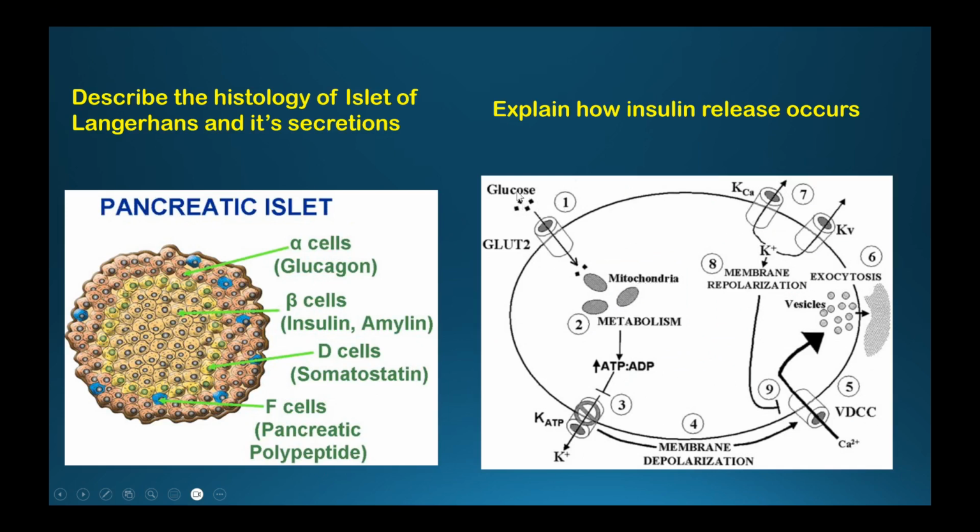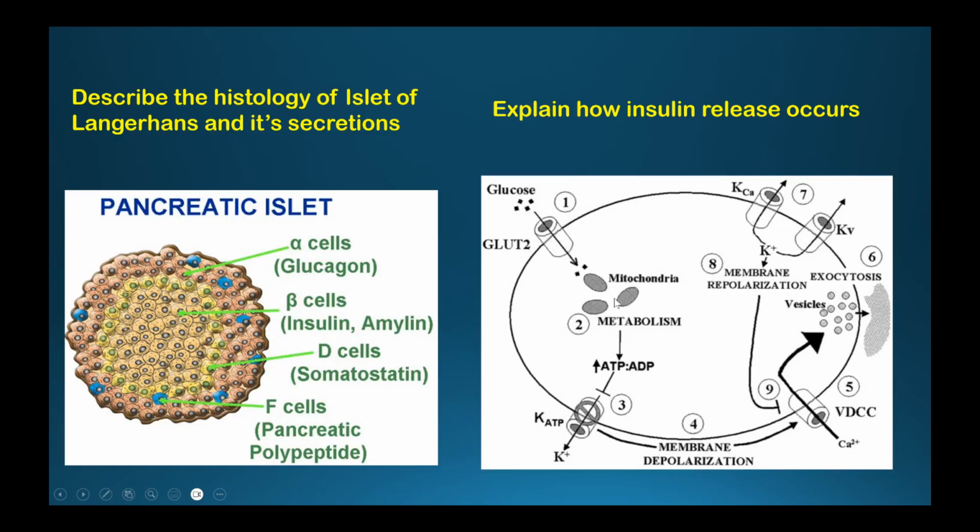The first step is that glucose enters the beta cells of the islet of Langerhans, and that is through the GLUT2 channel.